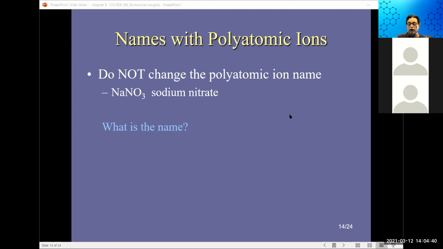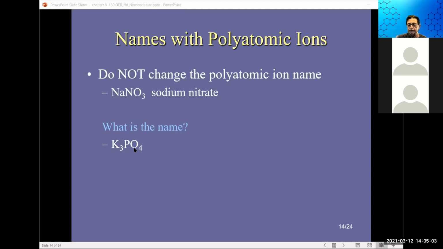Polyatomic ions, the name is what it is on the polyatomic ion table. We don't change it. Now, the question is, how can I recognize that I have a polyatomic ion? General guideline is this. First of all, you see potassium written first. You know it's an ionic compound because the metal's written first.